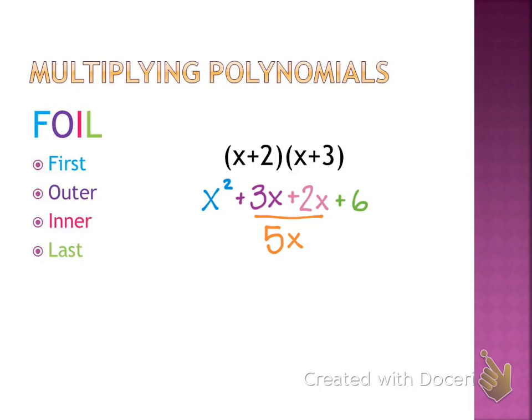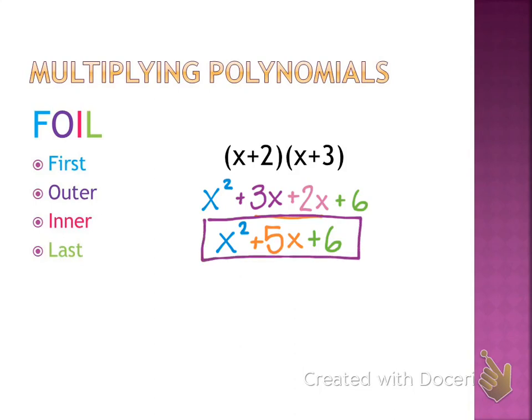Now I notice x squared does not have a like term. So I'm going to write x squared. And I forgot, I've got to put this plus sign right here in front of 5 because it's positive. And then also, 6 does not have a like term. So I'm just going to rewrite 6. This is going to be my final answer.